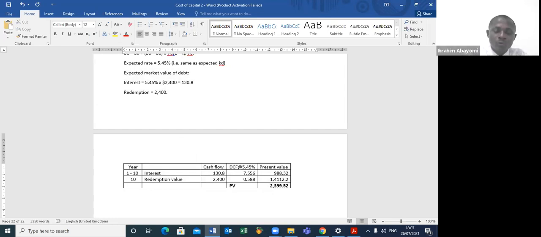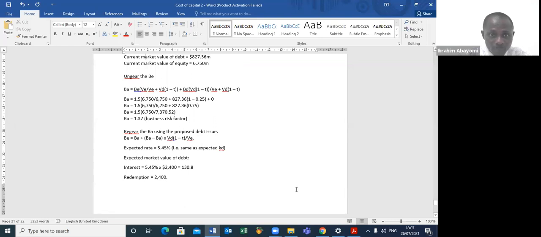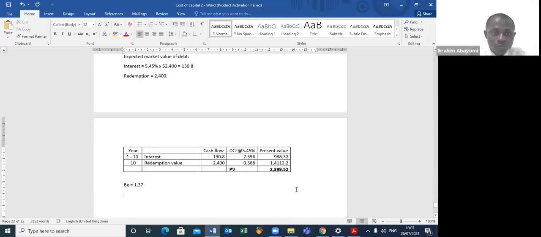Beta of equity is equal to beta of asset, which is 1.37. Was it 1.37? Yes, 1.37 plus (1.37 minus 0) times market value of debt 2,400 into bracket 1 minus 0.25, all over market value of equity 6,750.